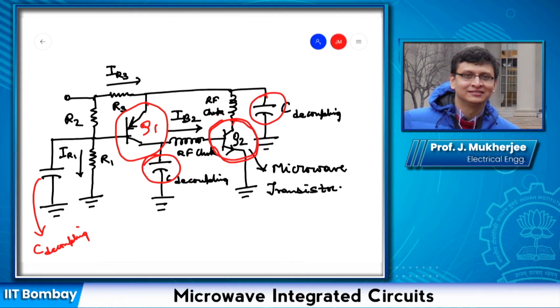Now qualitatively, here this Q1 sets the bias current IB2 that is flowing in Q2 and thereby sets the operating point of Q2. Now, how does Q1 work qualitatively?